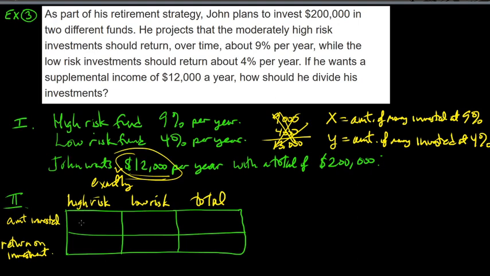So the amount invested at high risk, that's X dollars, right? And at low risk, it's Y dollars. And we know we have a total of $200,000 to invest. So already looking ahead to step 3 here, the system of equations we're going to solve. The first equation is just that when we take x plus y, we should get $200,000.